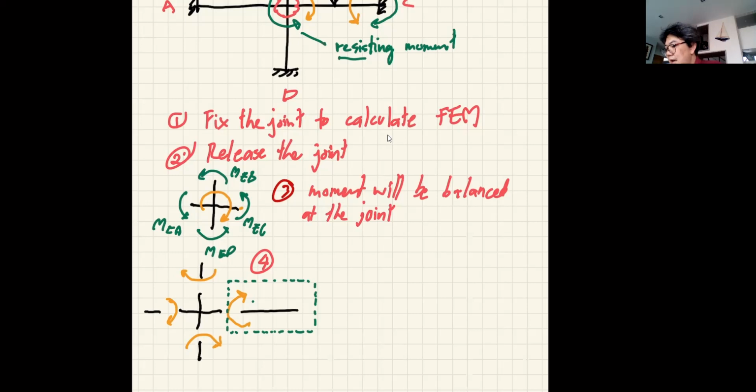In other words, the presence of this moment must have an effect on the other end, or in moment distribution we say that this moment must be carried over to the opposite end of the member.